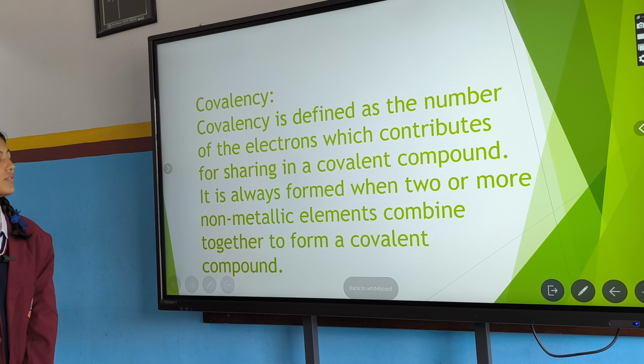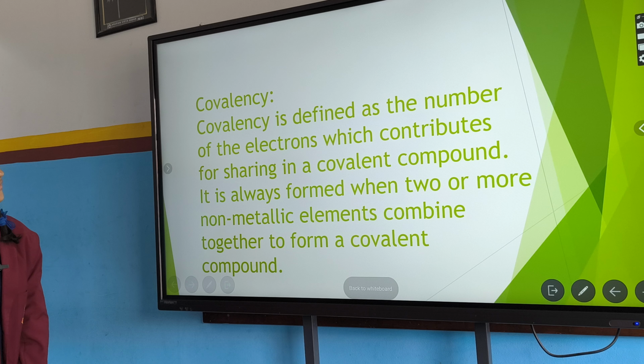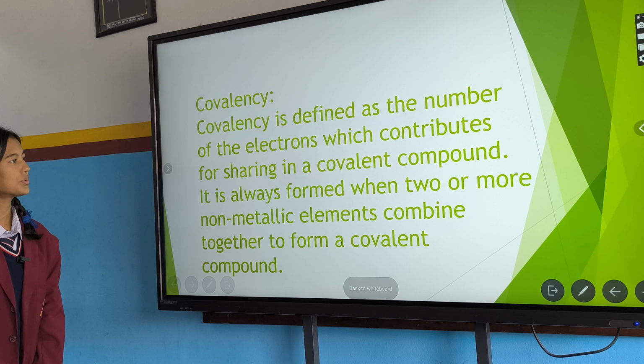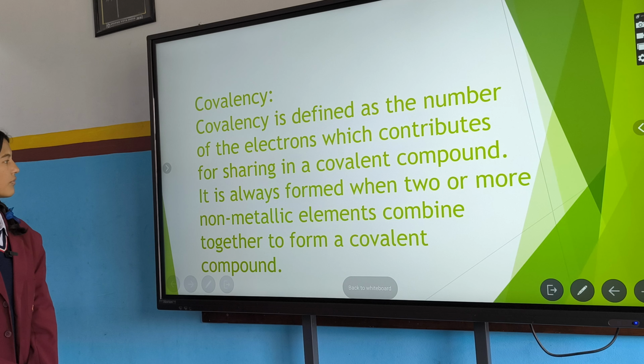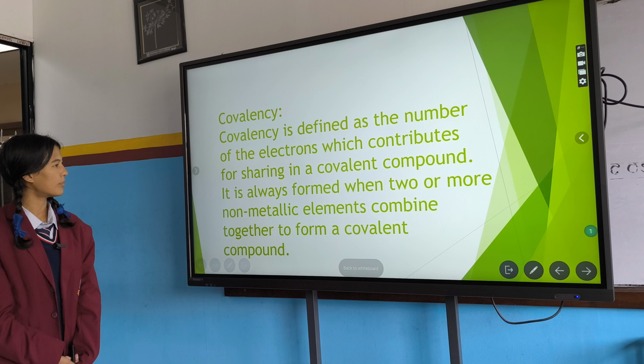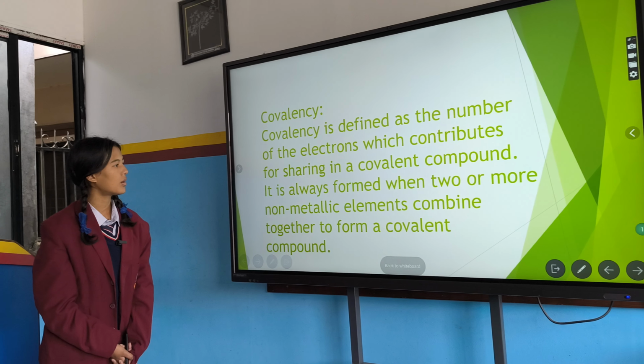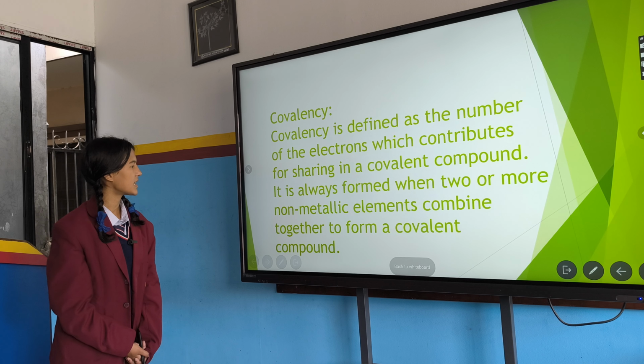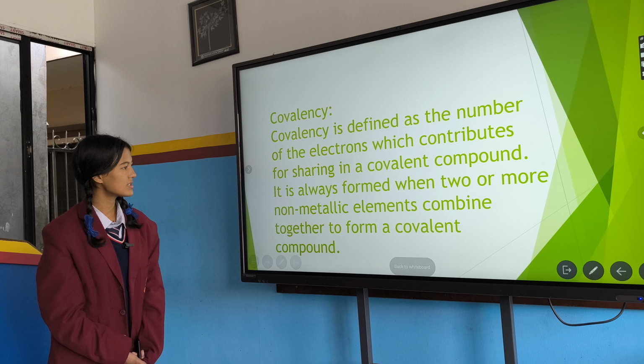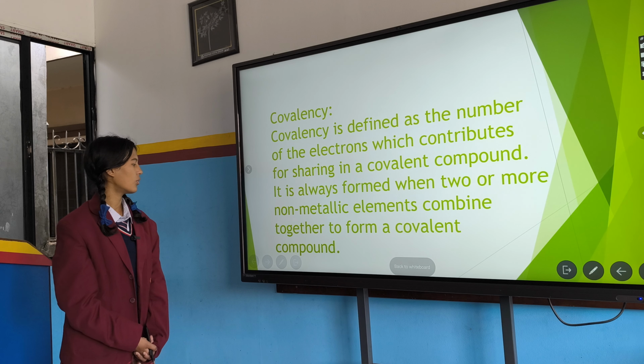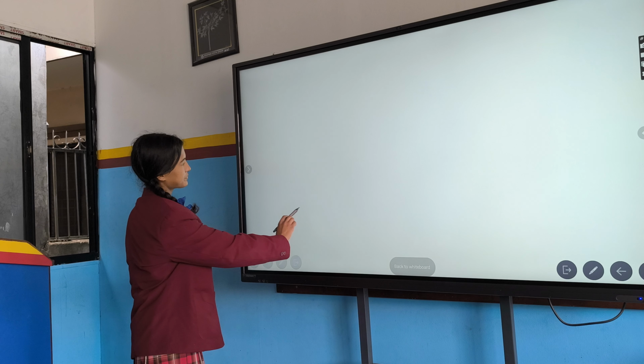Covalency. Covalent and covalency are different. Covalency is defined as the number of electrons which contribute for sharing in a covalent compound. It is always formed when 2 or more non-metallic elements combine together to form a covalent compound.